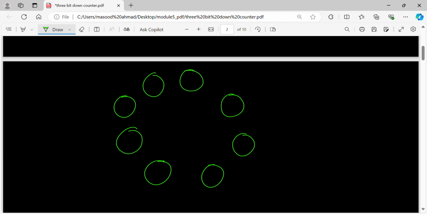If you look at this, it will be at 111, 110, 101, then 100, 011, 010, then 001, 000. So it will be moving from one state to another state. It is going down. Every time it is going one less than the previous state. This is known as the state diagram.